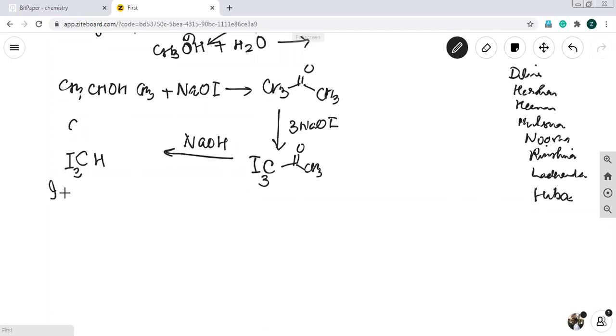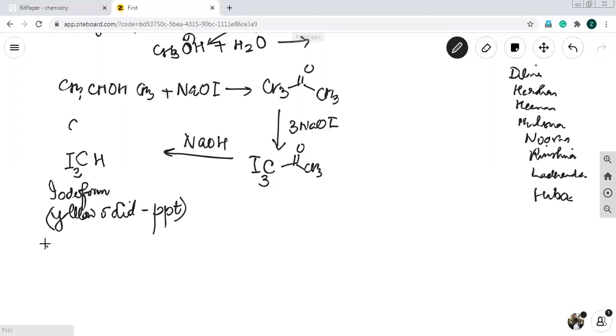This is called iodoform. It's a yellow solid, as an insoluble precipitate, yellow solid or precipitate. So this can be used as a technique.